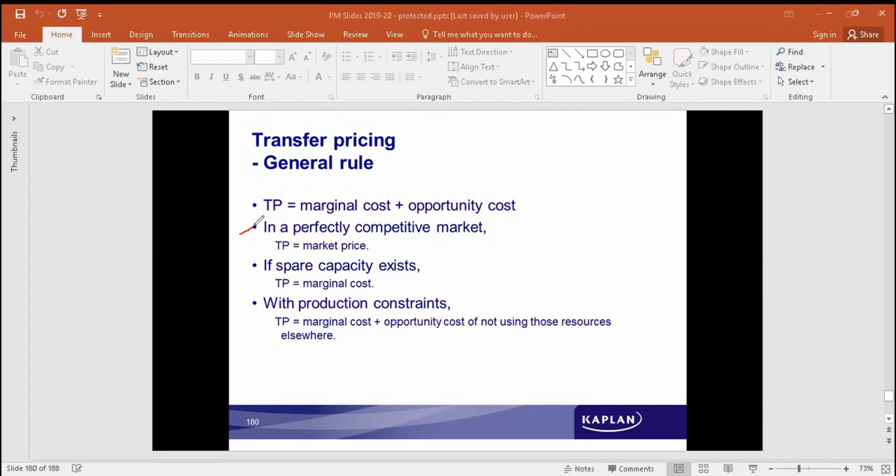If there is spare capacity available, at the present capacity level the fixed cost is completely taken care of. Let's say this is a scale of 0 to 100% capacity, and they are operating at, let's say, 60%.